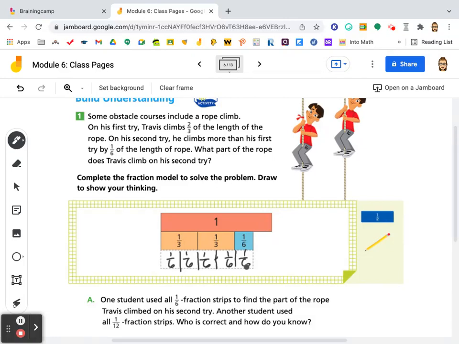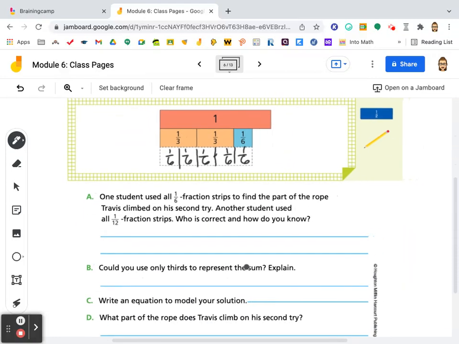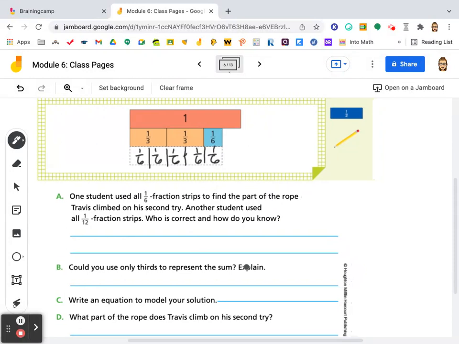It says one student used all 1/6 fraction strips to find the part of the rope Travis climbed on his second try. Another student used all 1/12 fraction strips. Who is correct and how do you know? Well, we used all 1/6, so we know that's right. But what about 1/12?